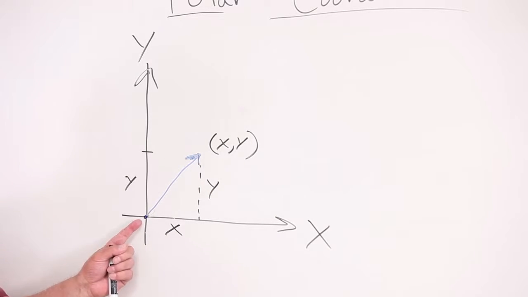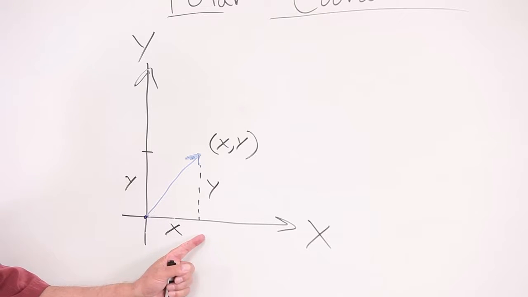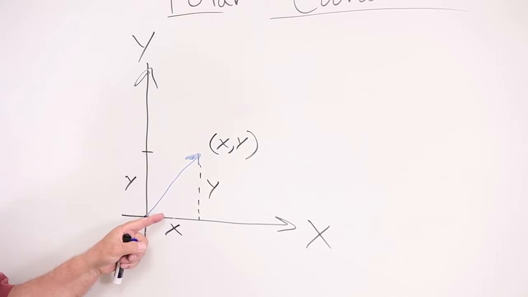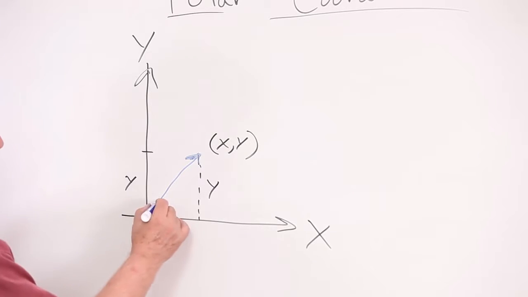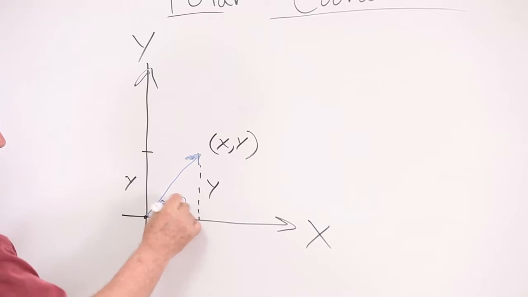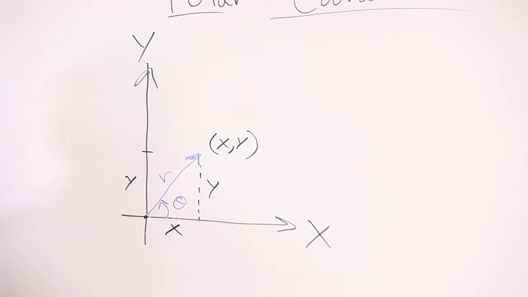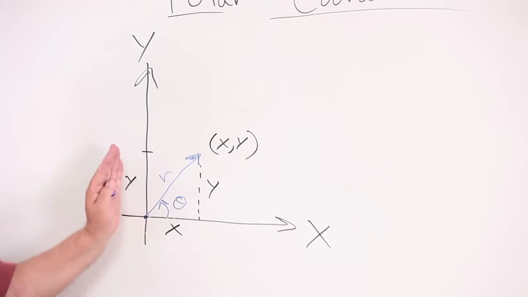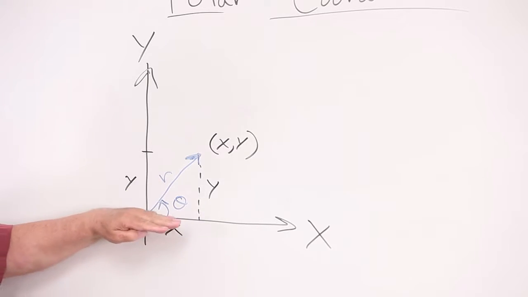So rather than tell somebody to go this many blocks this way and then that many blocks that way, we're going to pick this angle, and then we're going to tell them how far to go out on that. If you're in an airplane, that's how you would do it. Usually we go off the north line, but here we're going off the east line.